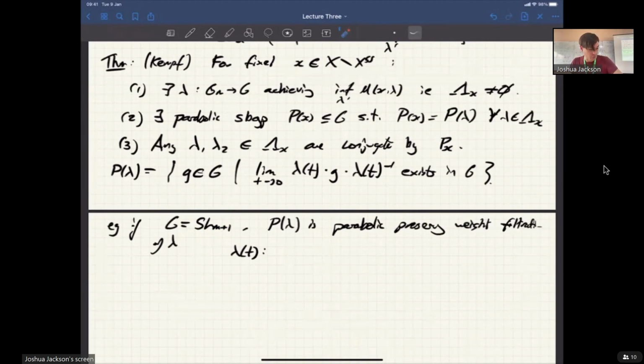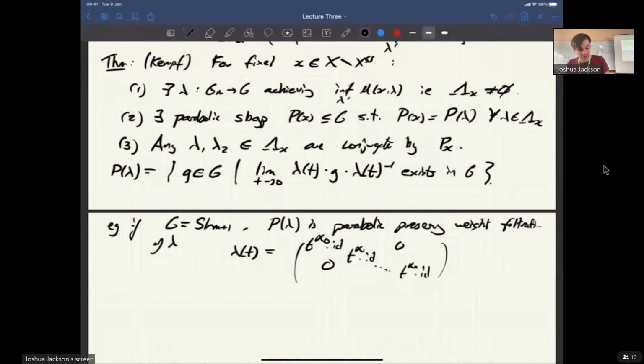So this thing will look like T to the alpha naught times some identity matrix, T to the alpha 1 times some identity matrix, etc. Choose coordinates so it looks like this. So these are block diagonal with T to the alpha i on the diagonal, with alpha naught to alpha n, and then P lambda will look like the thing that I drew before.